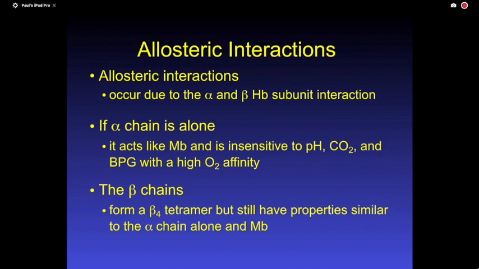There's not an interaction between the two that changes their affinity the same way as the alpha and the beta coming together and working together. That means somewhere in the amino acid sequence between the alpha and the beta, there is some sort of interactions that are causing them to talk to each other or change their behavior as things move. And so these, the tetramer that is alpha and beta is allosteric.